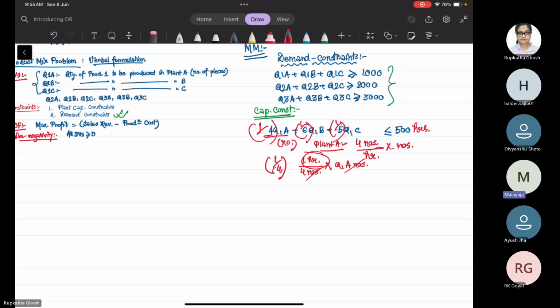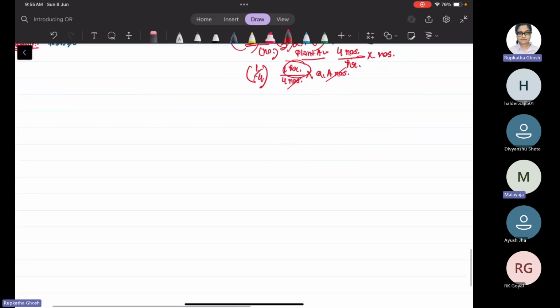I have another question. Yeah, sure. A, B, and C are plants, right? And we have the production capacities according to the plant. So plant A has a production capacity of 500. Yeah, you are right. Here he had done it wrong. It should be 1 by 3 Q2A plus 1 by 2 Q3A.